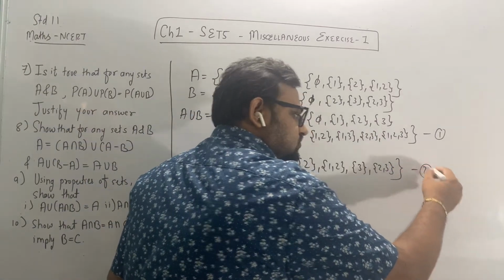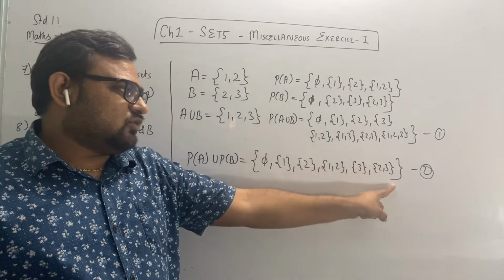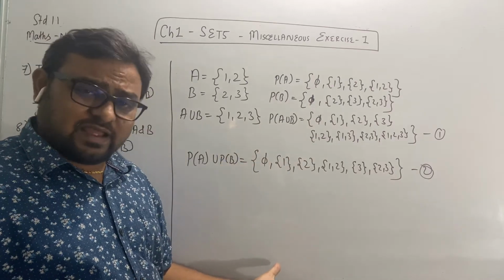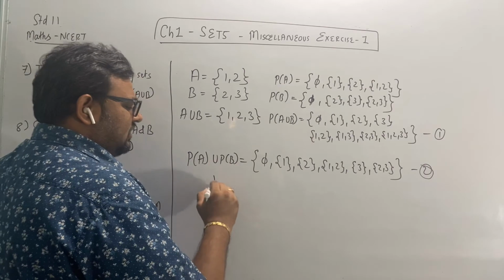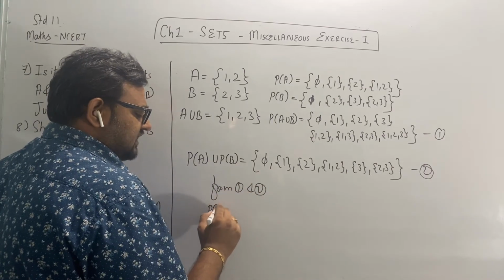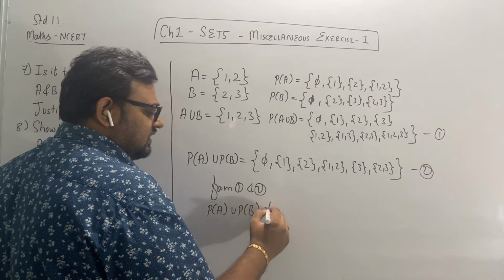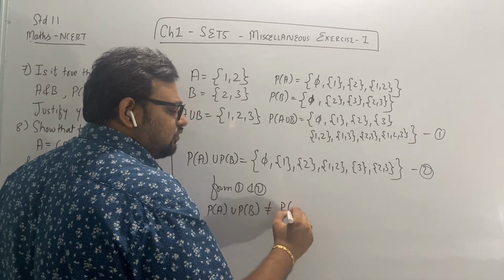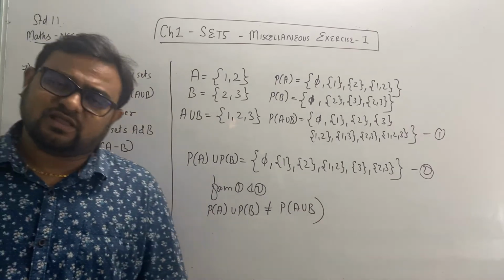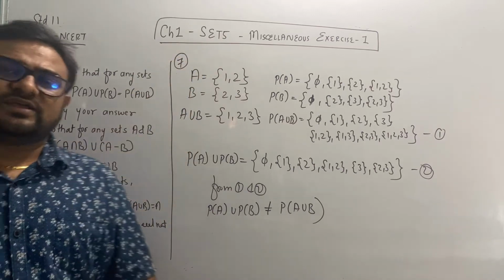Name this as 2. Clearly, one can say from 1 and 2 that these both are not equal. So power set of A union power set of B is not equal to power set of A union B. Clear? So just note down question number 7.